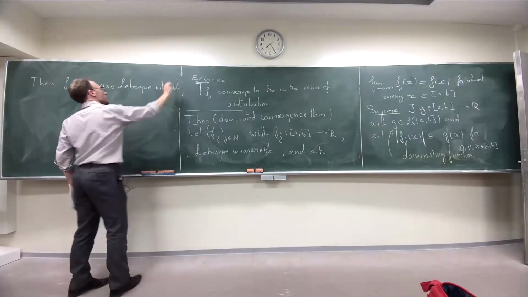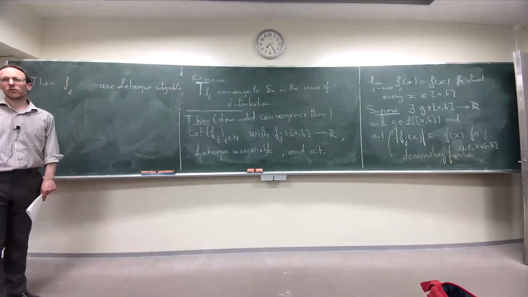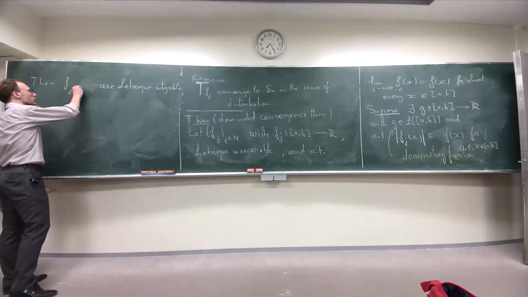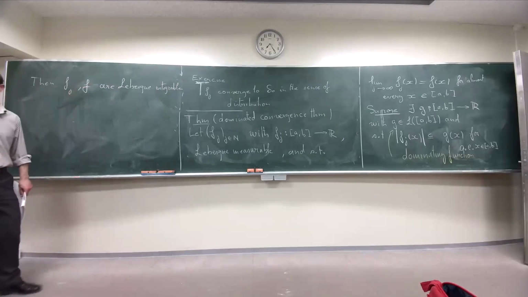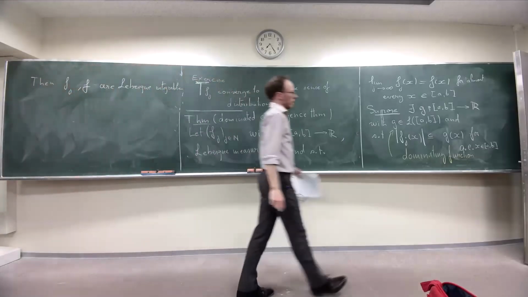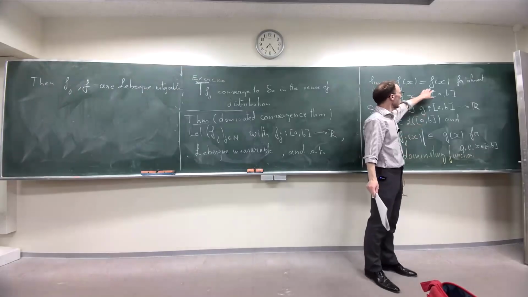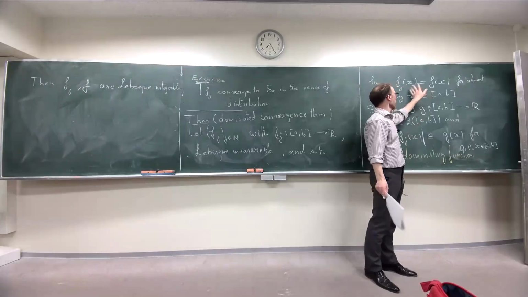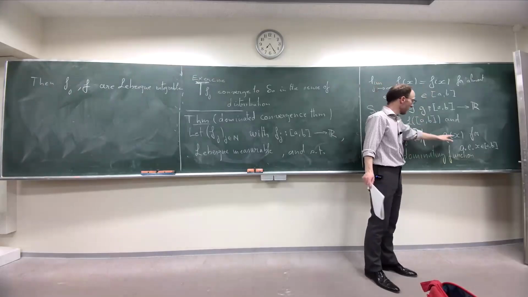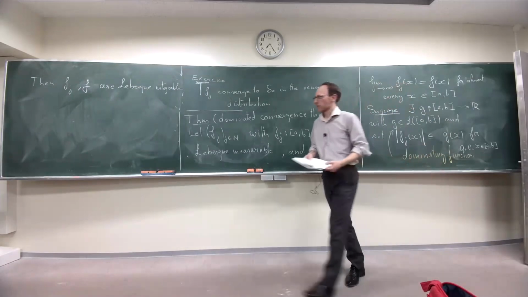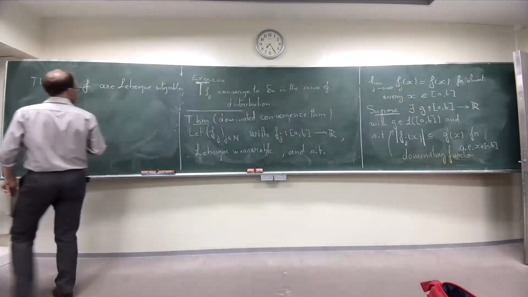So you can take the integral, but it's true not only for fj, but also for f. It's not automatic. But it turned out that because f is a limit of fj and each fj is bounded by this g, then it's also true for f. So these are Lebesgue integrable.